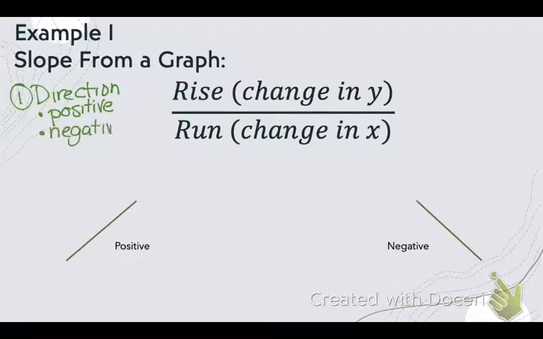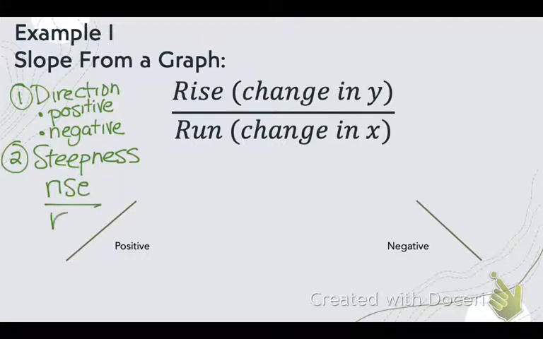Then we talk about steepness, and that's where we talk about our rise over our run. Rise over run is our slope ratio, which is the same thing as change of y over change of x.